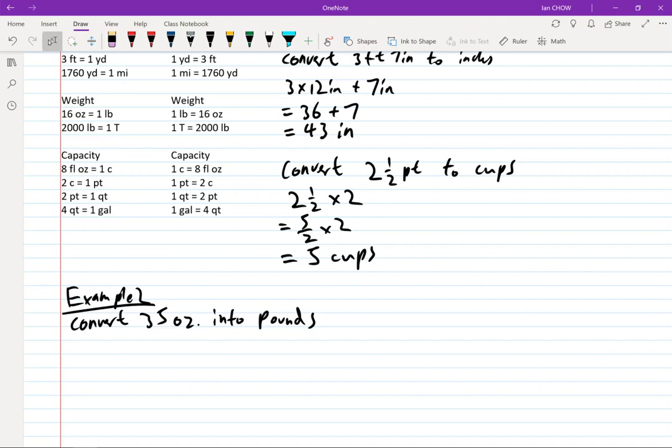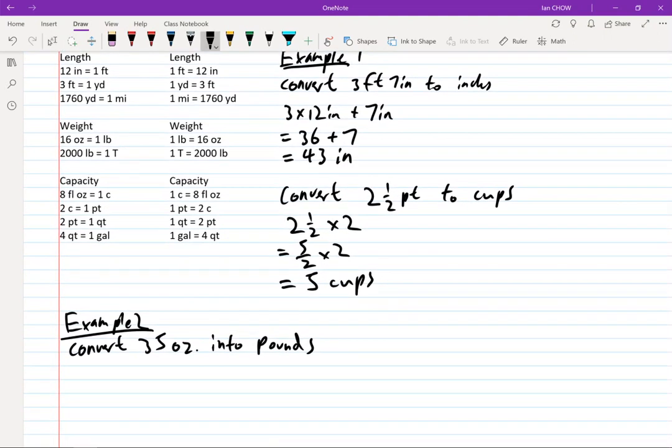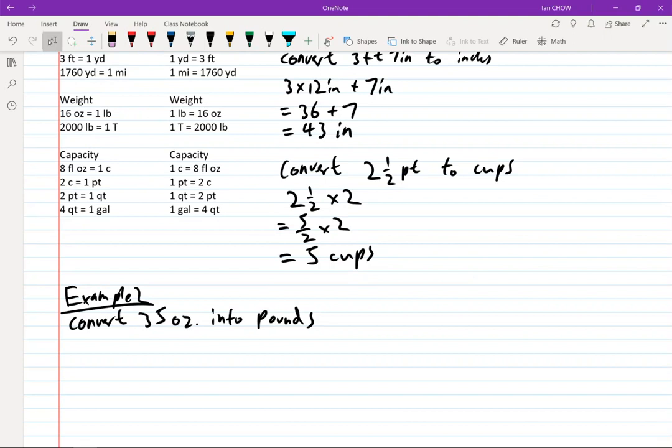Let's first look at how many ounces are in a pound. There are 16 ounces in 1 pound, or 1 pound is equal to 16 ounces. To convert ounces to pounds, we have to divide by 16 using long division. 35 divided by 16, 16 goes into it twice. That's 32 with 3 remainder, so it's 2 remainder 3.